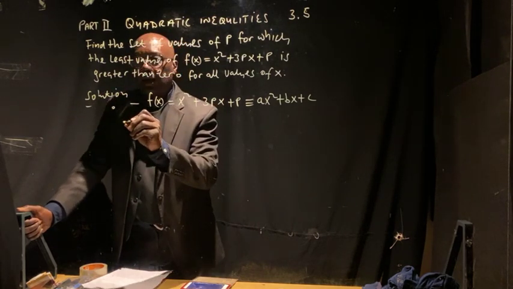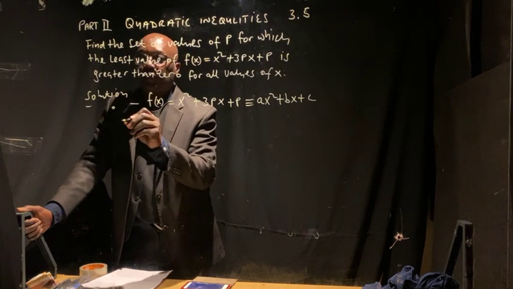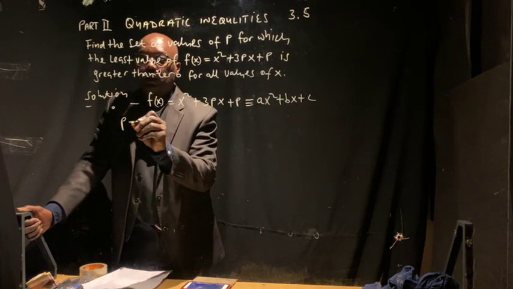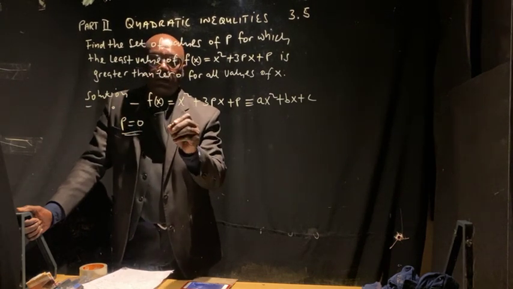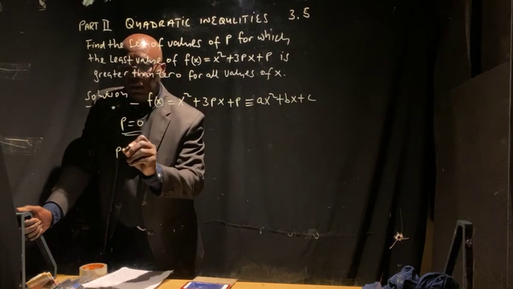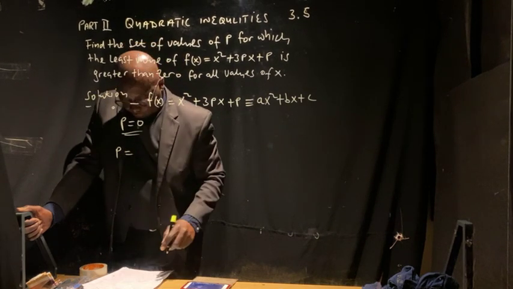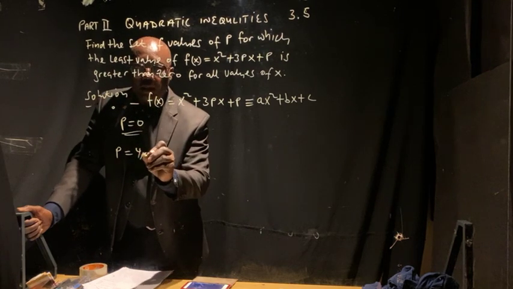We know that the values of p where the curve will cross the p-axis is p equal to 0. And the other one was p equal, where is it? 4/9.